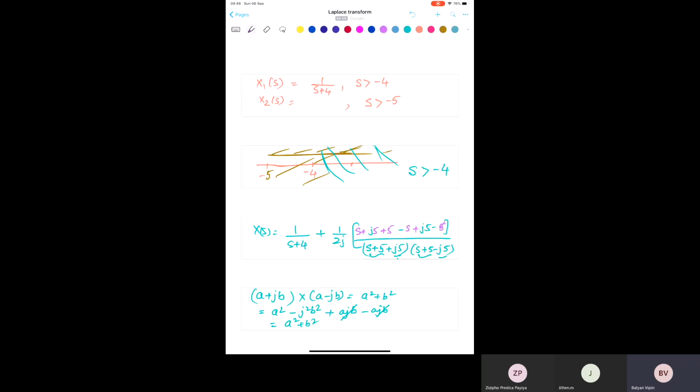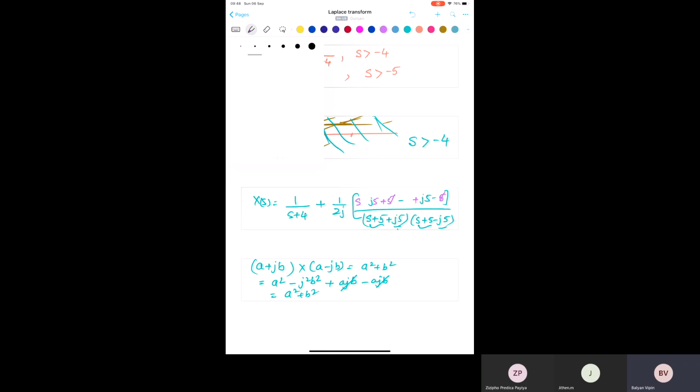These terms cancel, so you are left with plus 10j.